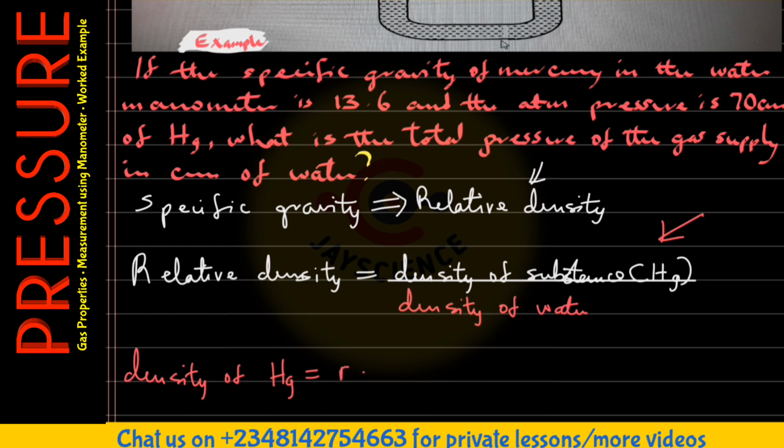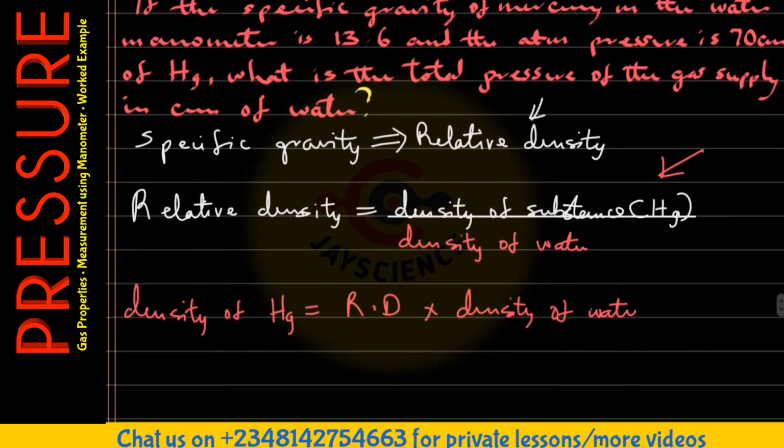I'll just write relative density as RD multiplied by density of water. Since we established that specific gravity is the same thing as relative density, we just plug in 13.6 from the question multiplied by the density of water, which is 1000 kilograms per meter cubed. So when you multiply this, you should have 13,600 kilograms per meter cubed.